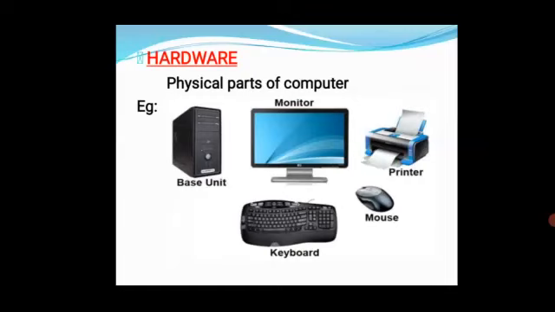After joining all the parts, can we work? No. After joining all the parts, we say that it is a computer. It will work when we install the software into the computer. So we need hardware and software to work together to produce the result.